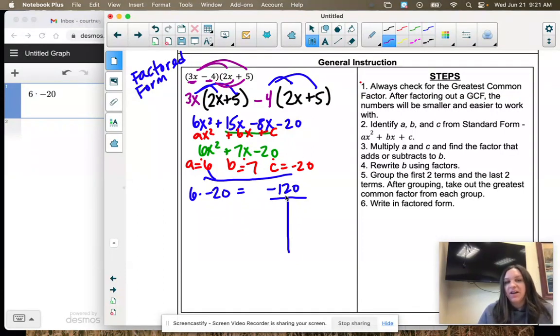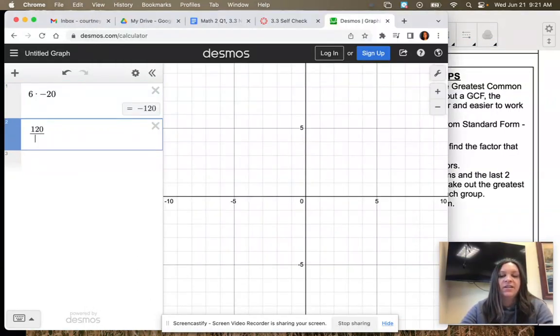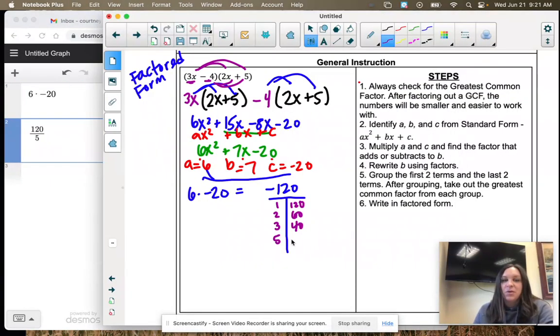When I find factors, I look at it as if it were positive. I'm not going to write all the positive and negatives out. So 1 times 120, 2 times 60, 3 times 40, 5 times 24.